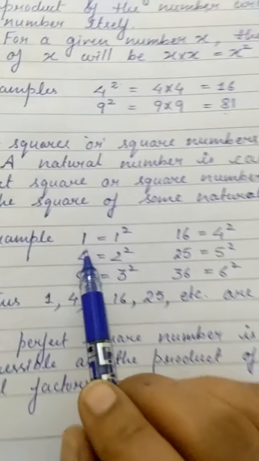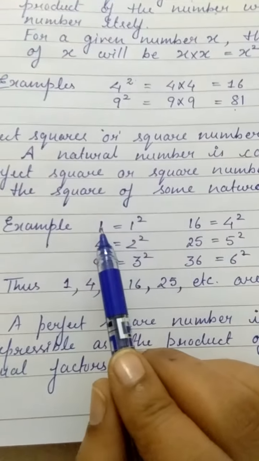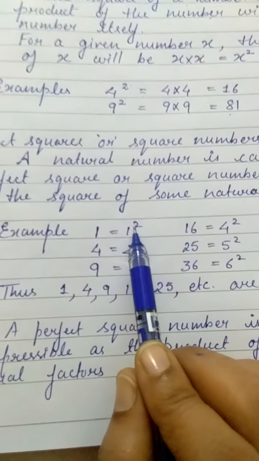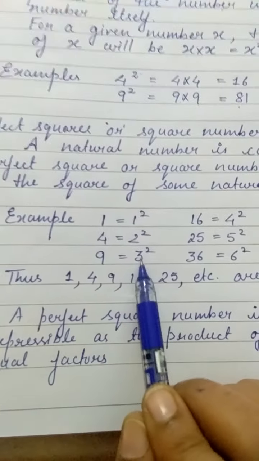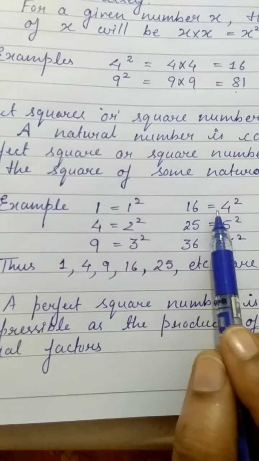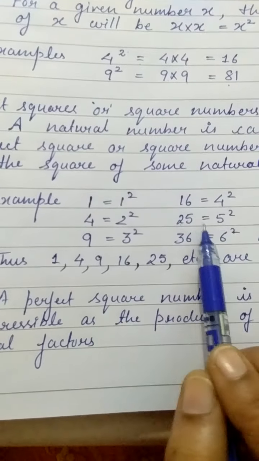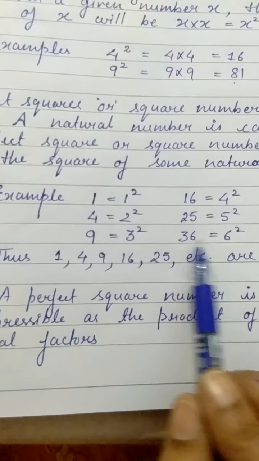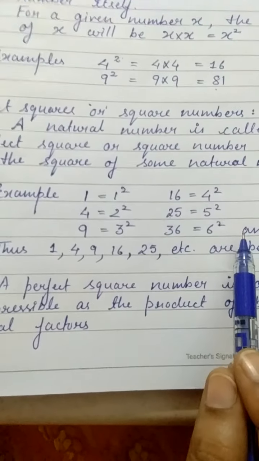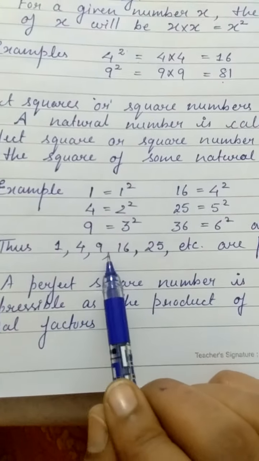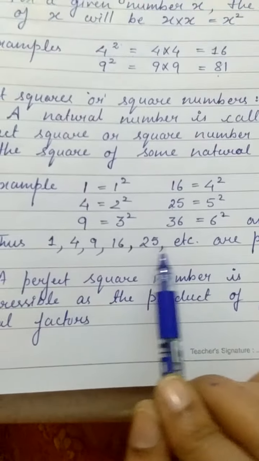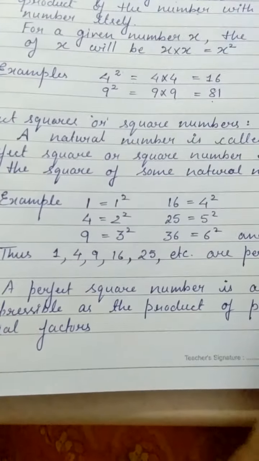For example, children, I have given a few examples. 1 is equal to what? 1 square. 4 is equal to what? 2 square. 9 is equal to what? 3 square. 16 is equal to 4 square. 25 is equal to 5 square. 36 is equal to 6 square, and so on, children. Thus, 1, 4, 9, 16, 25, 36, etc. all are what?